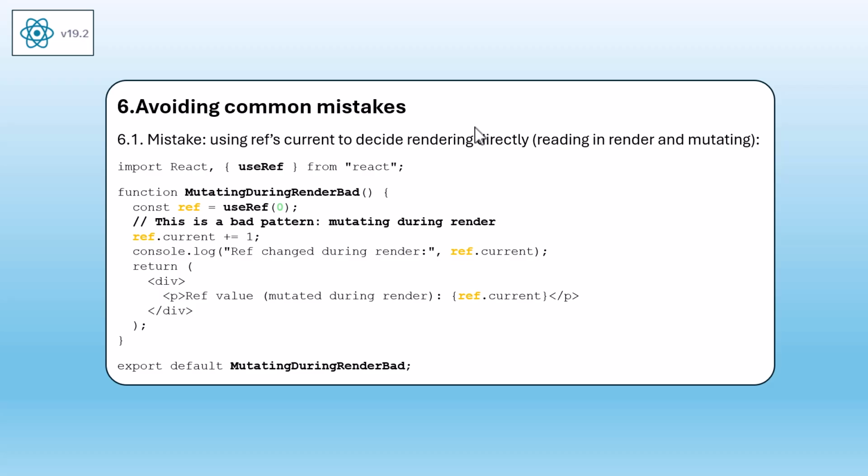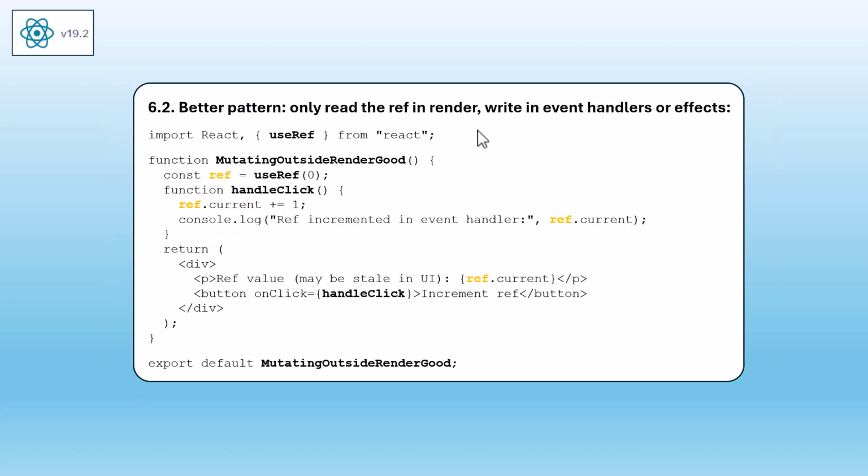6. Avoiding common mistakes. There are some traps to avoid when using useRef. Do not read or write the current property during the render phase, i.e., inside the component's body in a way that depends on render. Doing so can break the purity assumptions of React components. Do not use a ref as a replacement for state when the value is meant to be shown or used in rendering.